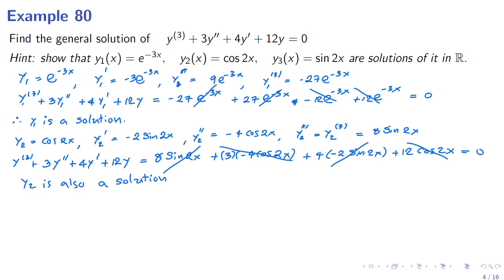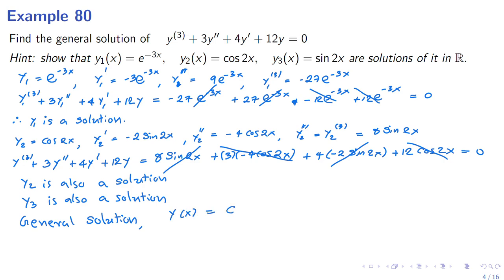And so now we can write down, let me say y3 is also a solution. Therefore, the general solution is any linear combination of those three. So let me call it y of x.